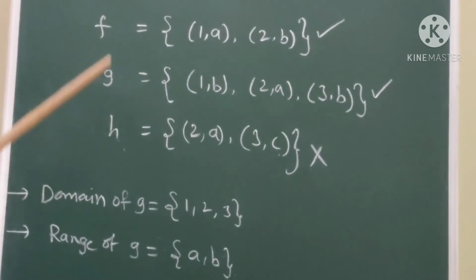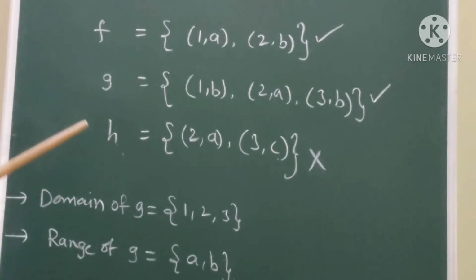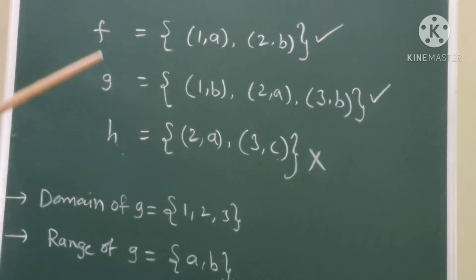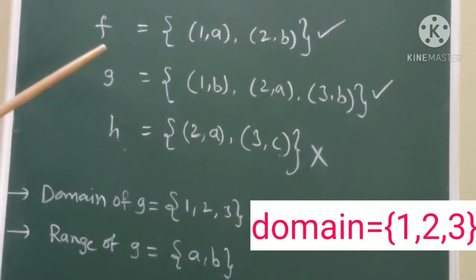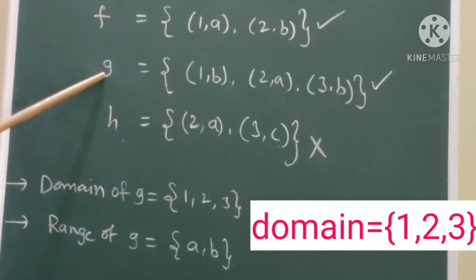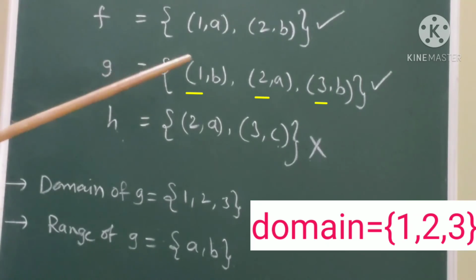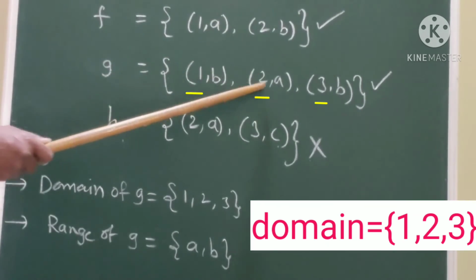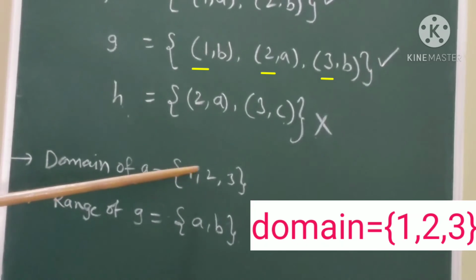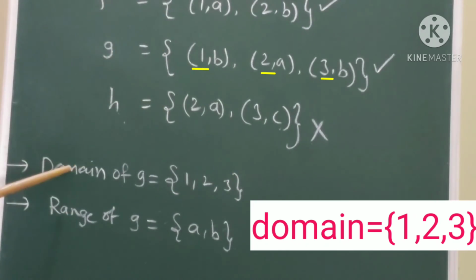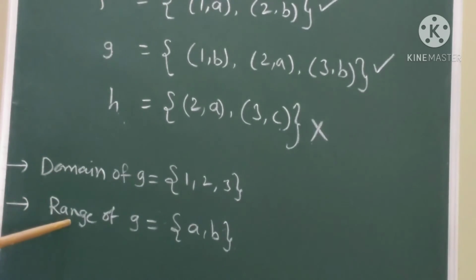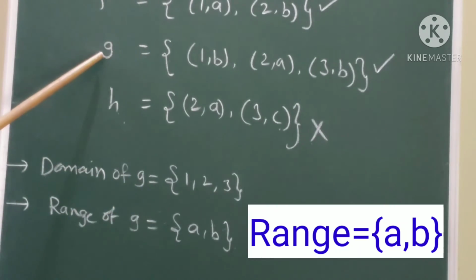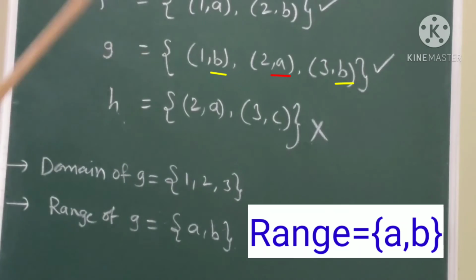Now let us see what domain and range are. In relations F and G, suppose you take G. In G, the set of all first coordinates, what are the first coordinates? 1, 2, 3. The set {1, 2, 3} is called the domain of relation G. Next, the range of G. Range means the set of all second coordinates.